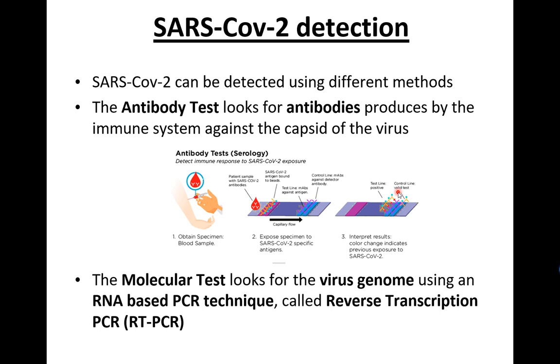The second test, that's the one I want to focus on, is what is called a molecular test. In that case, instead, you're not looking for antibodies, your own antibodies, but you're actually looking for the genome of the virus. And you do that using a very common modification of the PCR technique, which is called reverse transcription PCR, or RT-PCR.